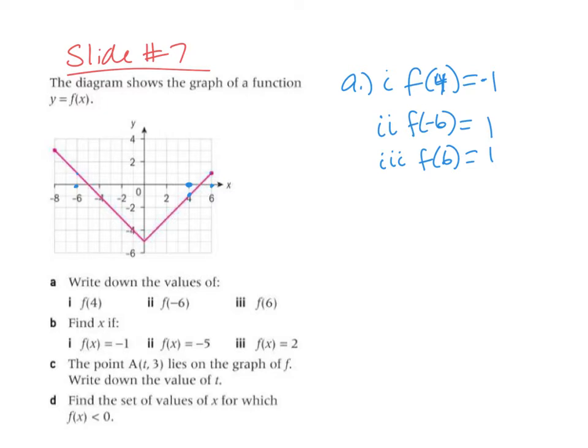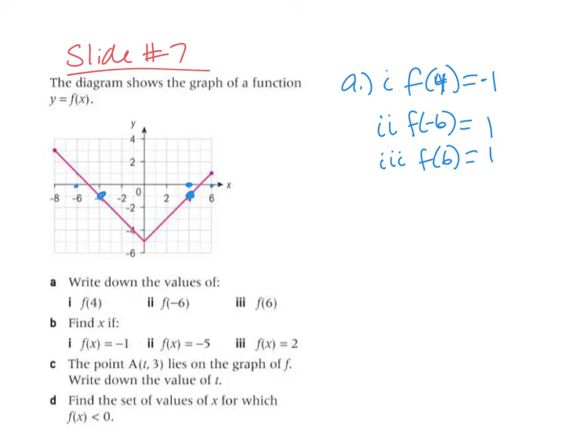And then letter B says, find x if you're given the output value. Remember, f of x is what comes out of this function, and if what comes out of this function is -1, you need to find the x that goes into the function that produces a -1. So you want to find any point or points that have a y value of -1. So it looks like there's one right here, and there's one right here, okay?